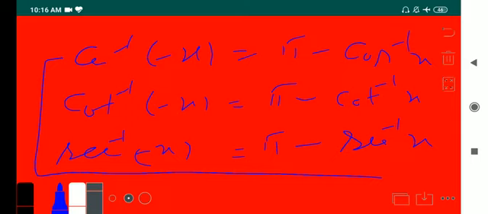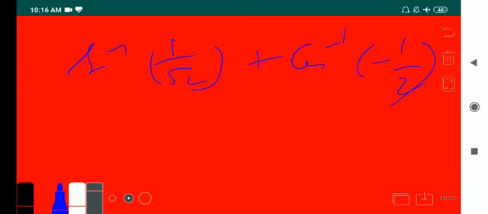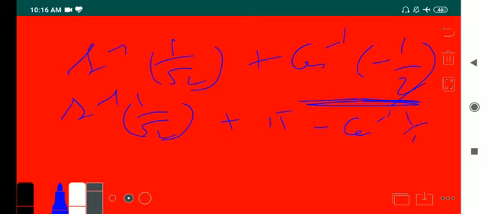Let us take an example. What is the value of sine inverse 1 by root 2 plus cos inverse minus 1 by 2? See, sine inverse 1 by root 2 is a positive term, so sine inverse 1 by root 2 plus, in case of cos inverse minus, we can write it as pi minus cos inverse 1 by 2.